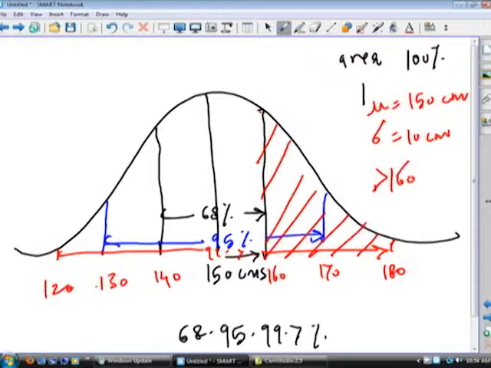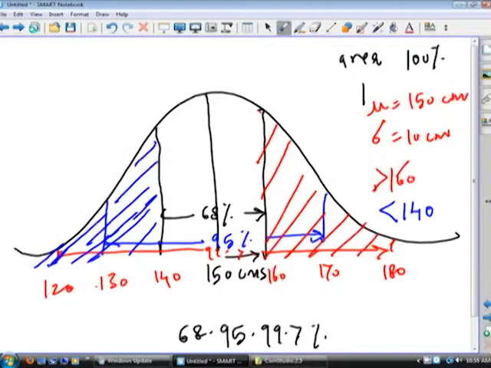Let's say we are asked what is the percentage or probability of the population having height less than 140 centimeters. Then when it is asked less than 140 or at the max 140, we will look for the area under the curve on the left side till the end.